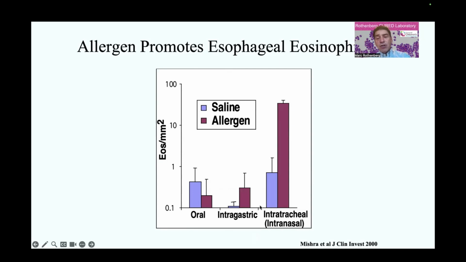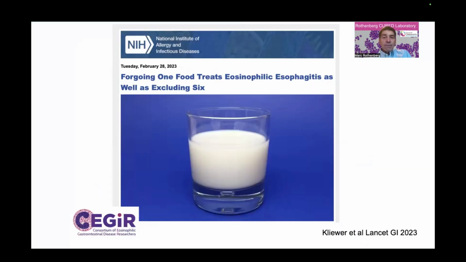But if we applied it intratracheally or intranasally to an anesthetized animal so that they aspirated it into the lungs but also swallowed it at the same time, they developed a profound eosinophil accumulation in the esophagus, demonstrating a couple of points, but one, and most importantly, is that EoE in mice and humans is triggered by allergens. So it's not a reflux or acid-associated disease, but it's an allergic disease.